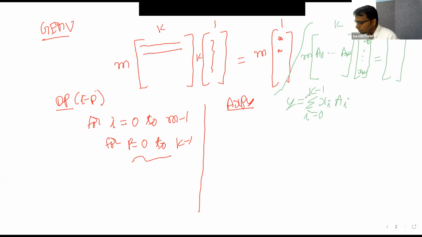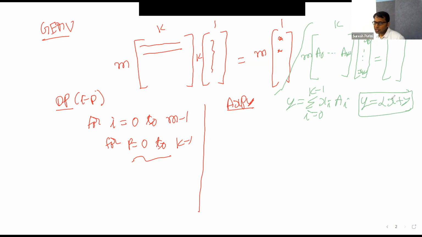And what is the AXPY formulation? The AXPY formulation is y equals alpha x plus y. This is the AXPY problem. So now you can see why the AXPY problem is defined in such a way: if we don't have this accumulation, then we will not be able to use the underlying AXPY routine in order to solve the GEMV problem.